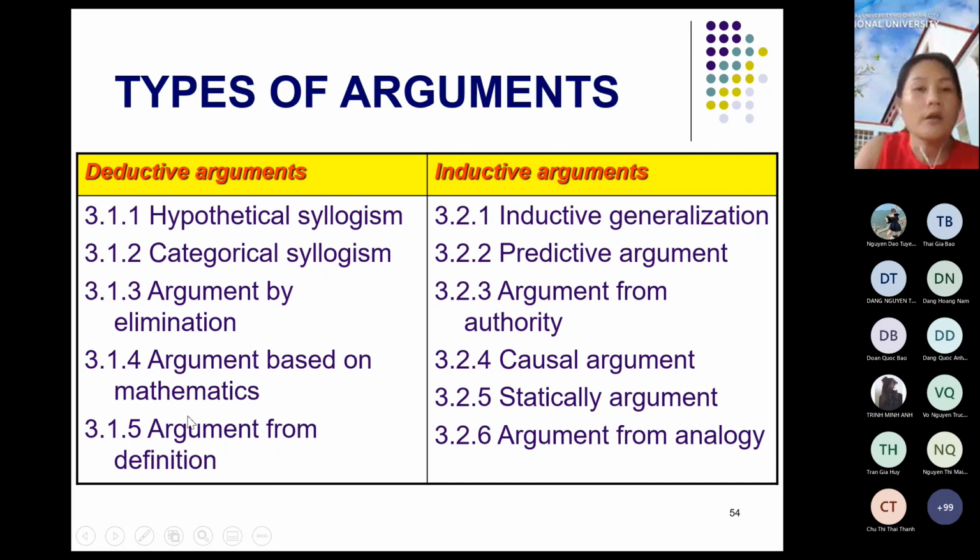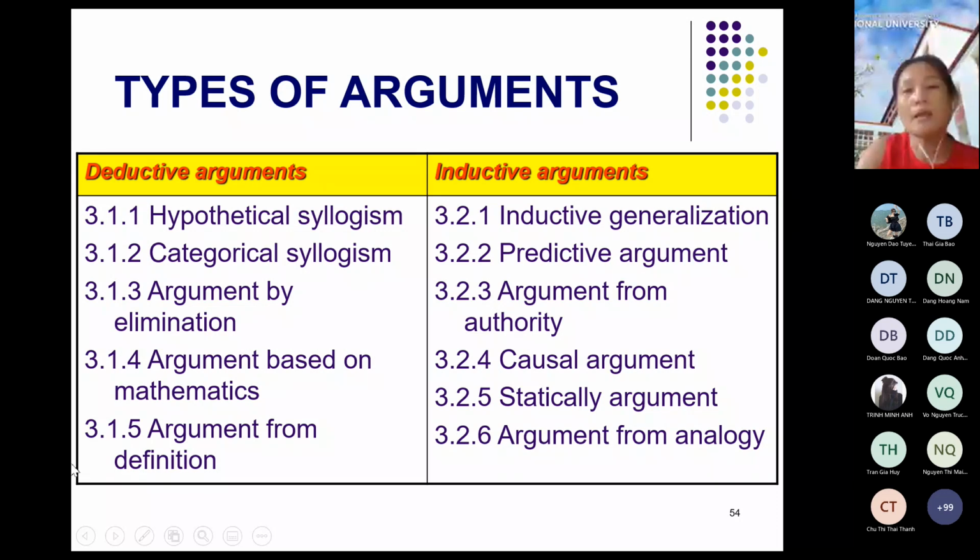The argument by elimination may fall into the false alternatives fallacy. Inductive generalization may be hasty. Authority could be inappropriate appeal to authority. Causal arguments could be the questionable cause, and an argument from analogy could be the weak analogy fallacy.